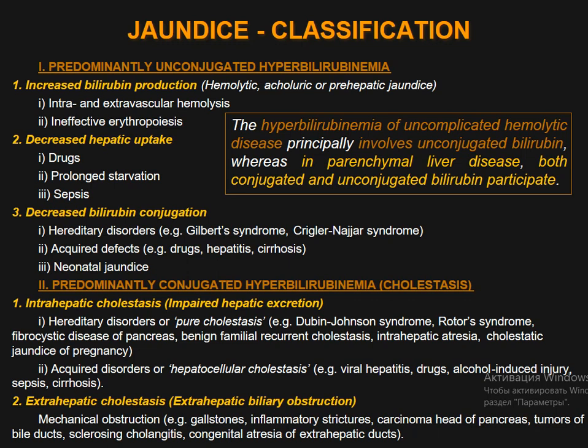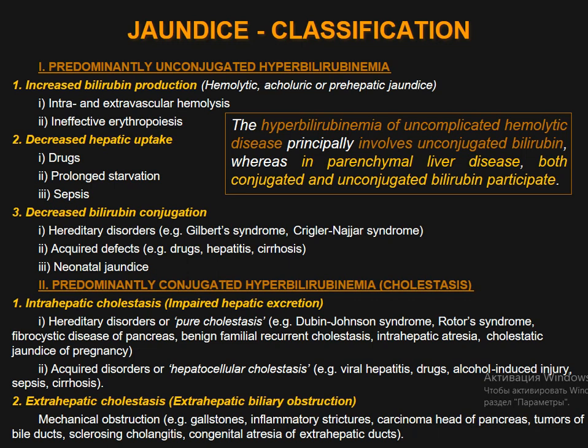In case of some hereditary disorders like Gilbert syndrome, Crigler-Najjar syndrome, in case of some acquired defect, for example, drugs associated, in case of inflammatory liver diseases like hepatitis, or in case of cirrhosis and neonatal jaundice.